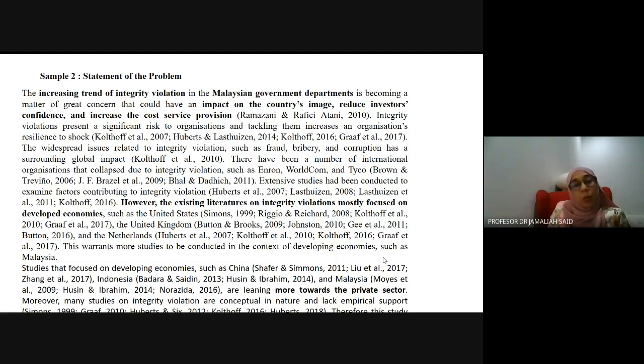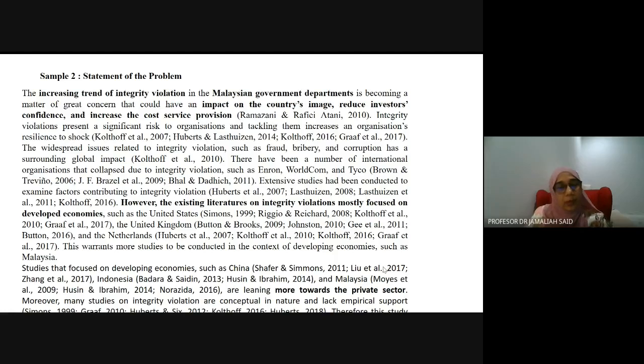Then the one I put in bold says that past studies on integrity violation mostly focus on developed economies. So they give examples. In developing countries, there are a lot of studies on fraud. However, they tend to focus on private sectors. So this particular student plans to do it on public sectors.